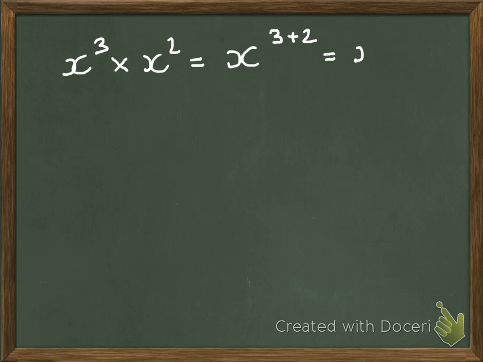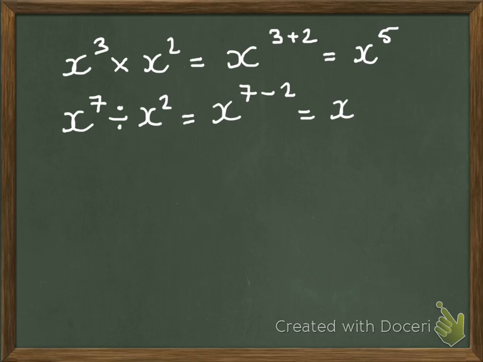The previous video covered stuff like what's x to the power of 3 times x squared, and it's that rule that becomes x to the power of 3 plus 2, or x to the power of 5. If you need to review that, just go and have a look at it. We've also had x to the 7 divided by x to the power of 2, the division of indices, which worked out as x to the 7 minus 2, which equaled x to the 5.